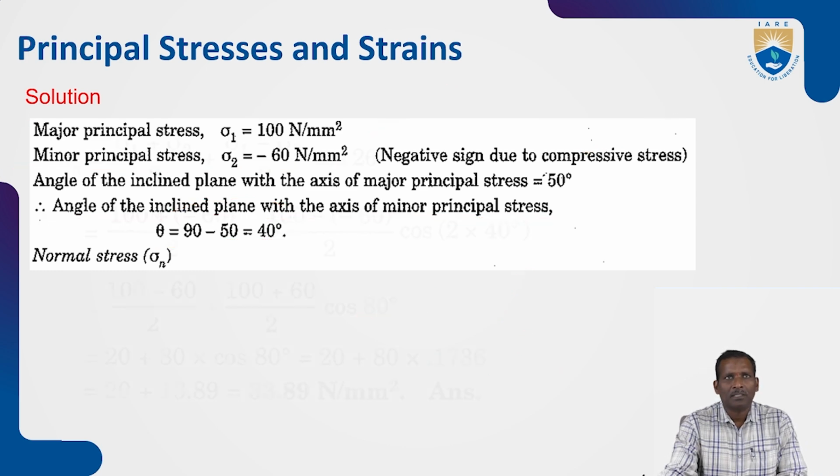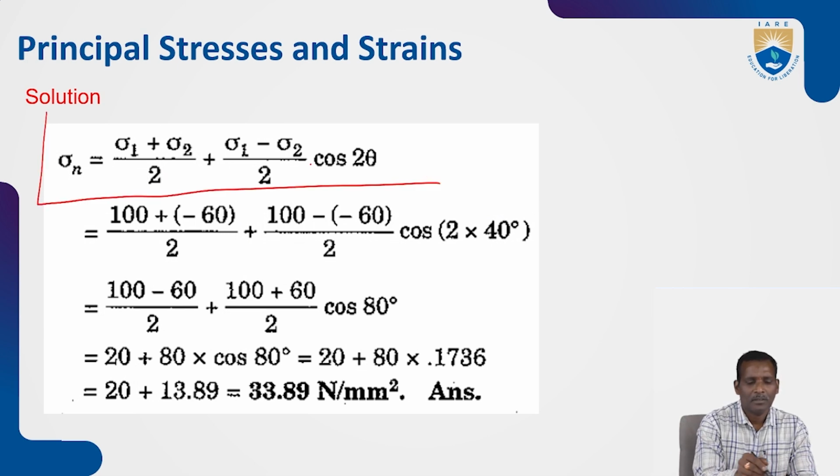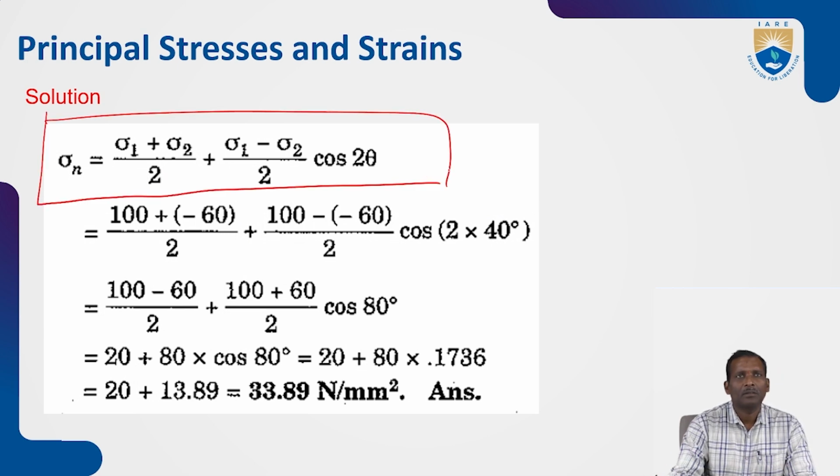So now calculate normal stress sigma n. How do you calculate the sigma n? If you know the sigma 1, sigma 2 and inclination values, then apply this formula: normal stress equals sigma 1 plus sigma 2 by 2 plus sigma 1 minus sigma 2 by 2 into cos 2 theta.